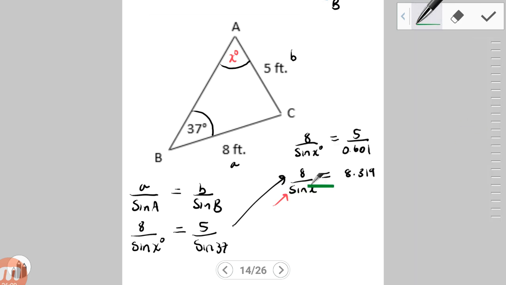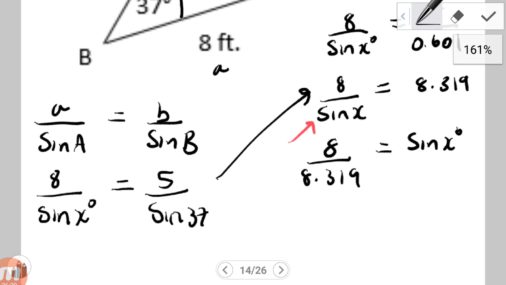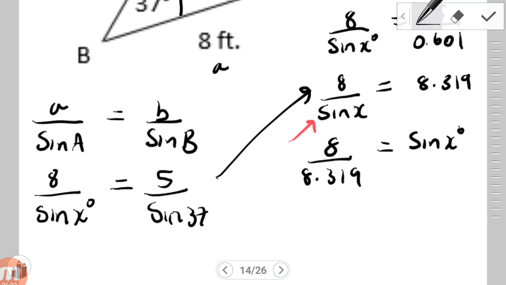We're simply going to swap the 8.319 with the sine x. So we're going to have here 8 divided by 8.319, and that's going to be equal to sine x degrees. So we do a swap whenever the unknown variable is in the denominator.